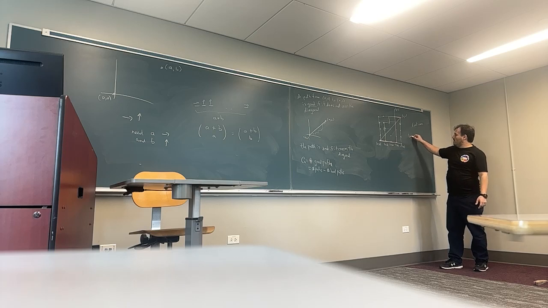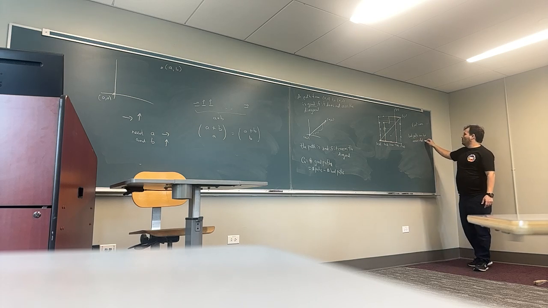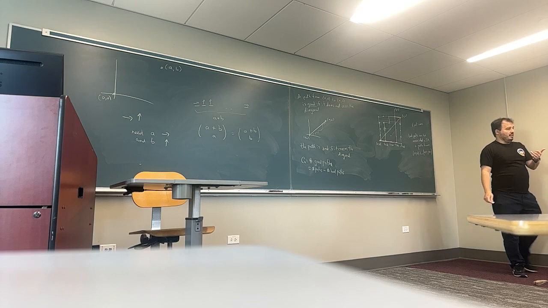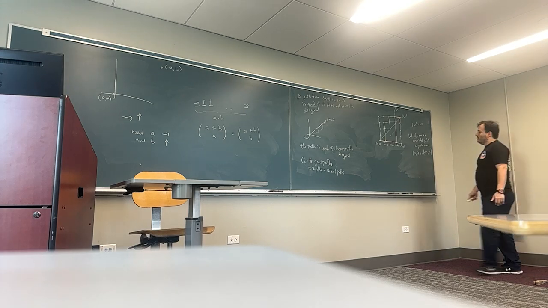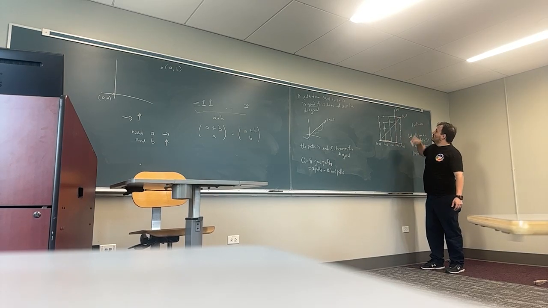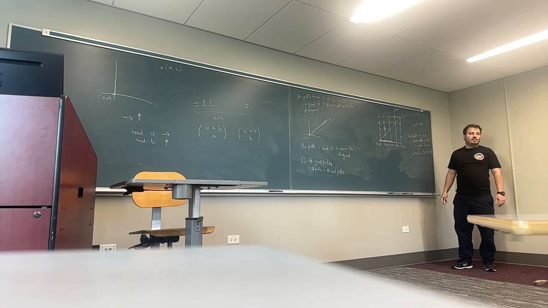So every bad path can be associated with a path from 0,0 to n minus 1 comma n plus 1, doing this thing. Now the question is, all right, if I have a path that just gets there, how do I then translate it to a bad path from the beginning?